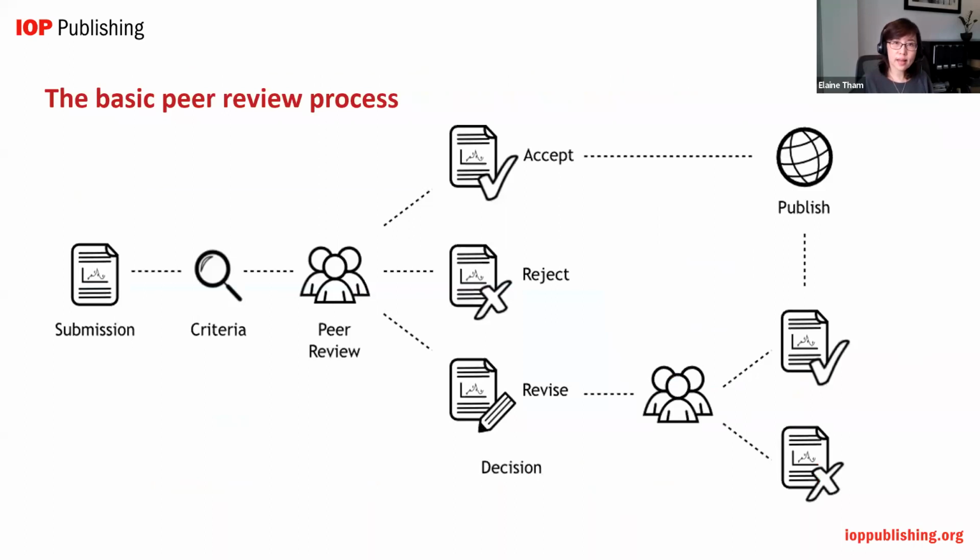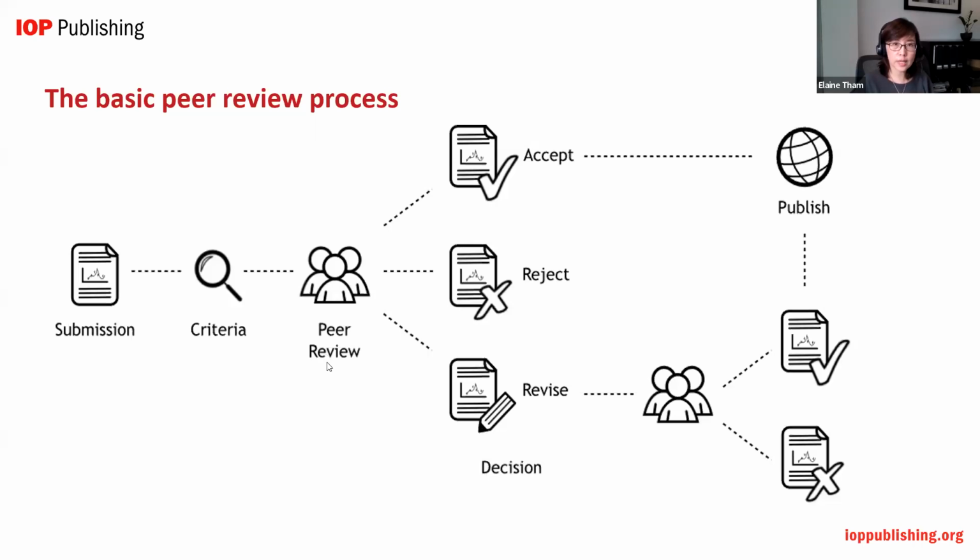So this next slide shows a brief overview of the peer review process. When the manuscript is first submitted, our editorial team will first check the paper to see if it meets the initial criteria. And I'll go into this in more detail later on. We call this the pre-referencing stage. After this, the paper will be sent to reviewers for peer review.